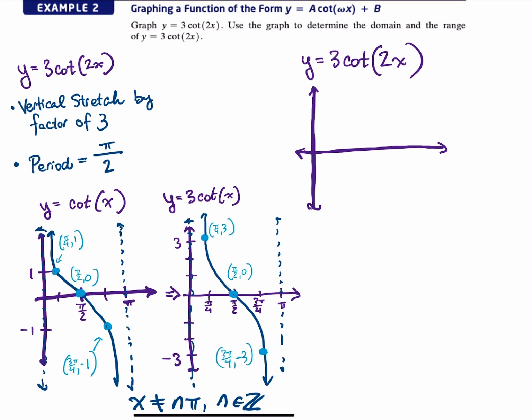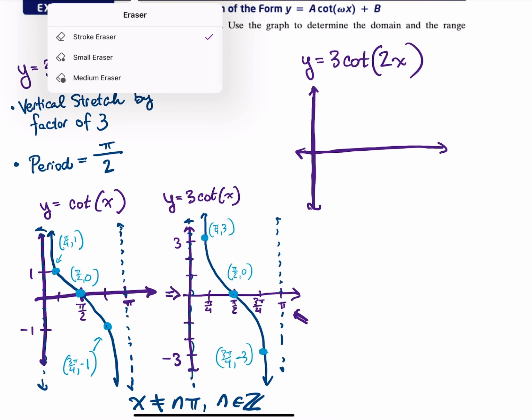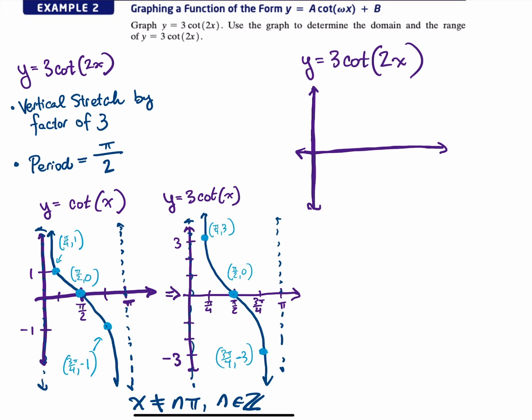So for each of these x positions, I'm going to divide them all by 2. So instead of at pi, this will be over here at pi over 2. The center point, instead of pi over 2, dividing that by 2 will give us pi over 4.